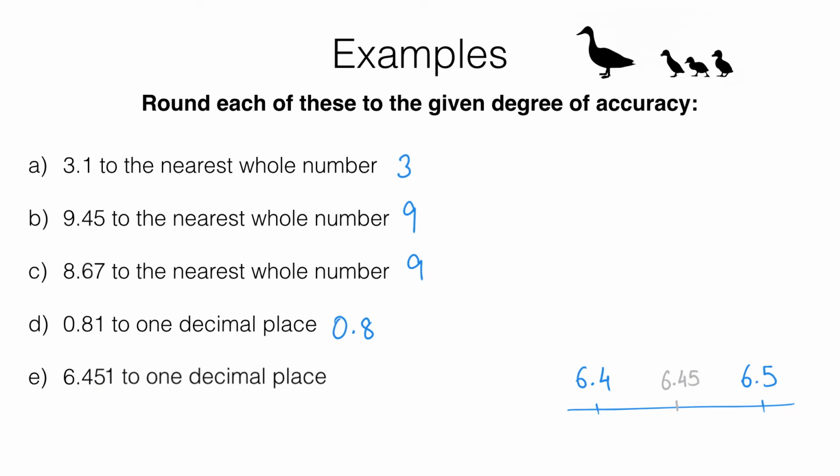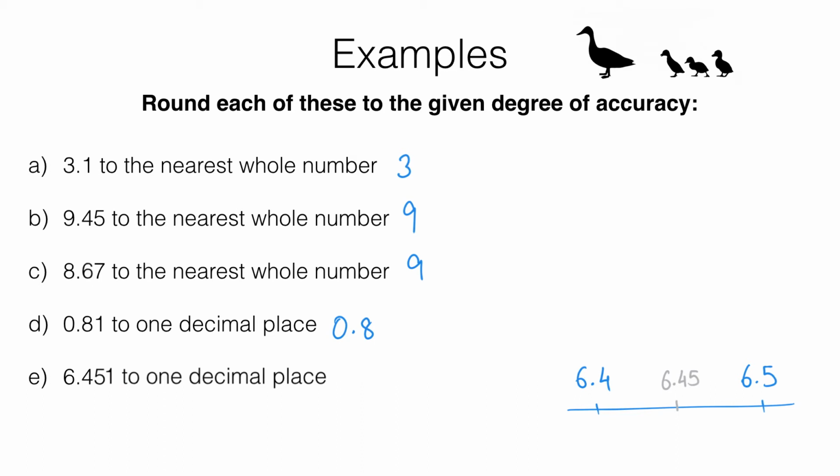Well, it's actually just a tiny bit to the right of this midpoint, this halfway point, because 6.451 has 6 ones, 4/10, 5/100, and 1/1,000th. And you'll see it's got the same number of ones, tenths, and hundredths, but this one extra 1/1,000th.